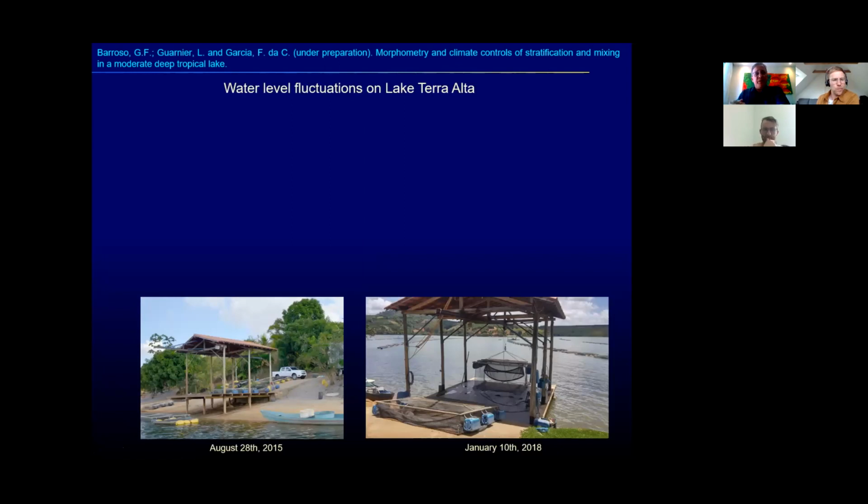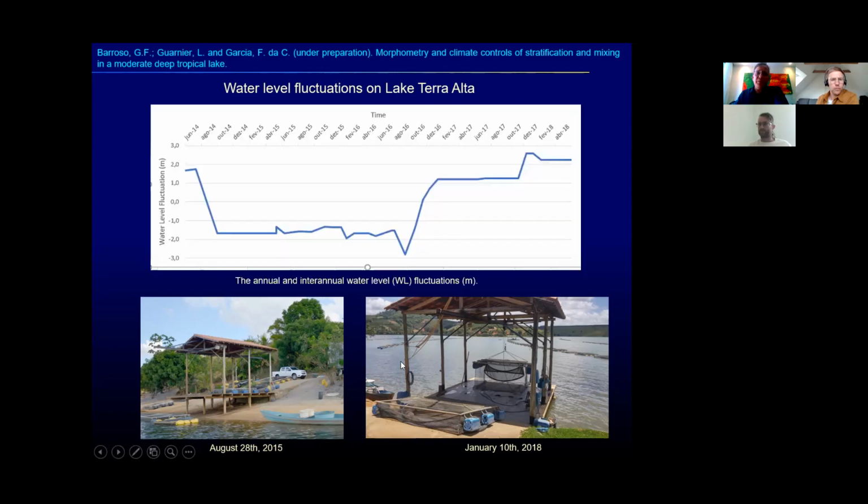So I brought here two pictures to show the effects of water level fluctuations on Lake Terra Alta. The left picture was taken in August 2018, so during the dry season. From the platform here to the shore, we have about 2 meters height, okay? And in January, the lake level is pretty much higher. So then we needed to investigate this effect of water level fluctuations on the lake's thermal responses and dynamics.